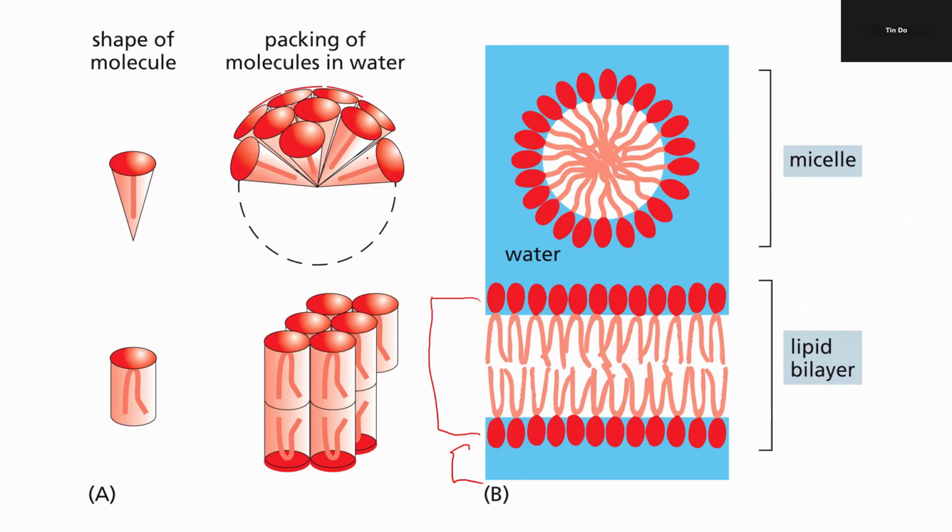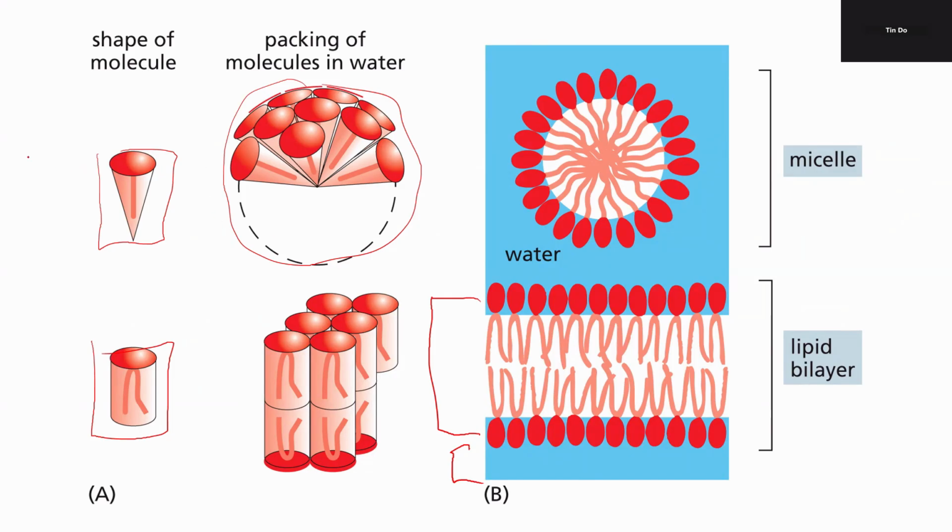Why is it that when we have a fatty acid molecule that only has one tail, it forms a little ball shape? But when you have two tails, it forms a layered shape. Really, just think about it. Look at the shape that it makes.